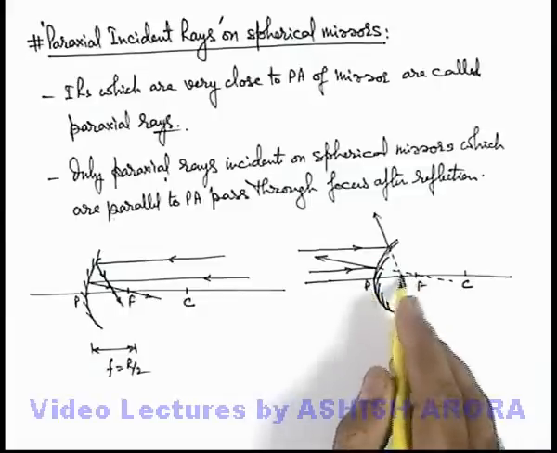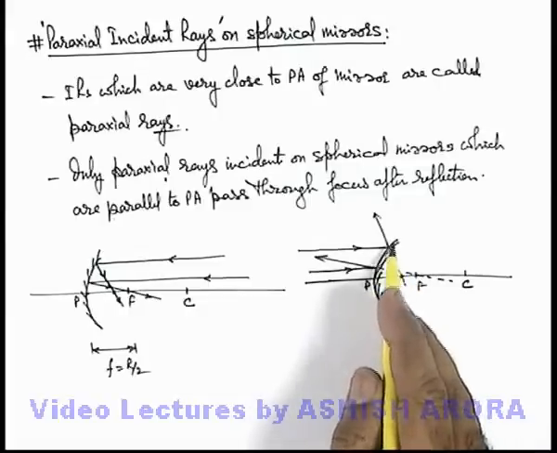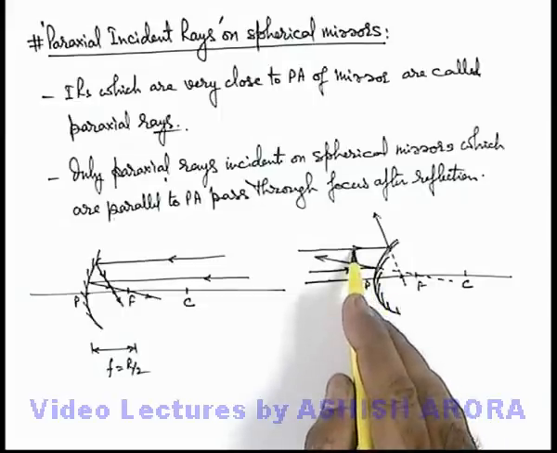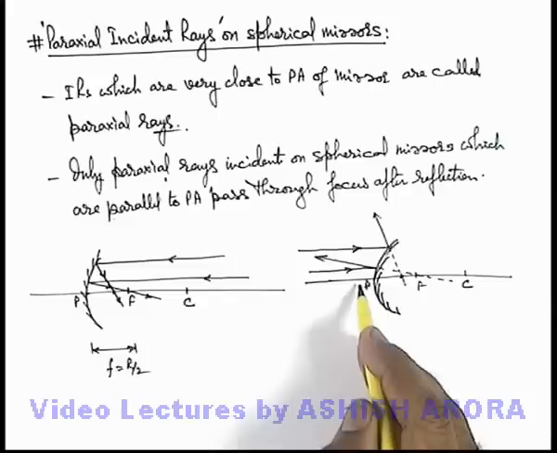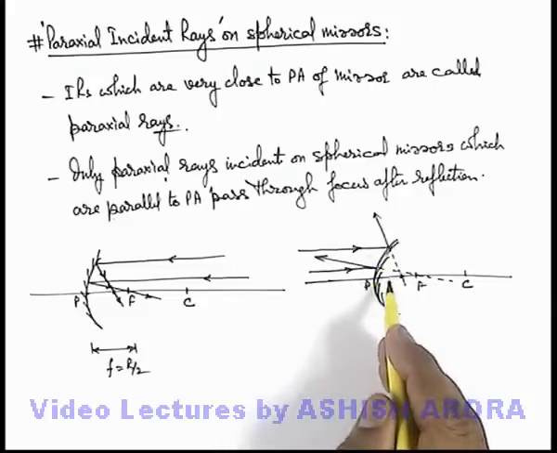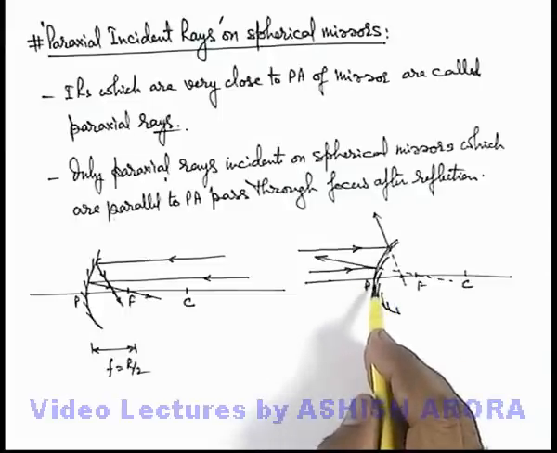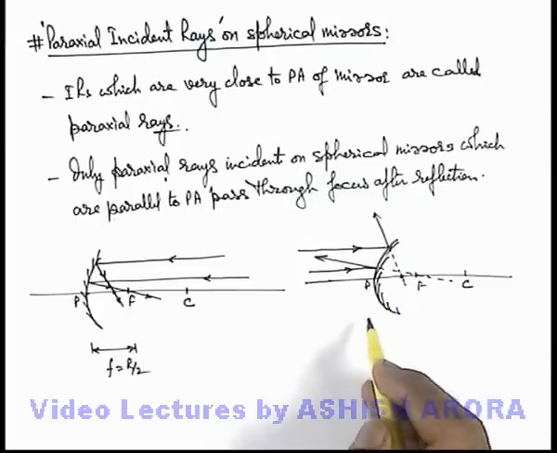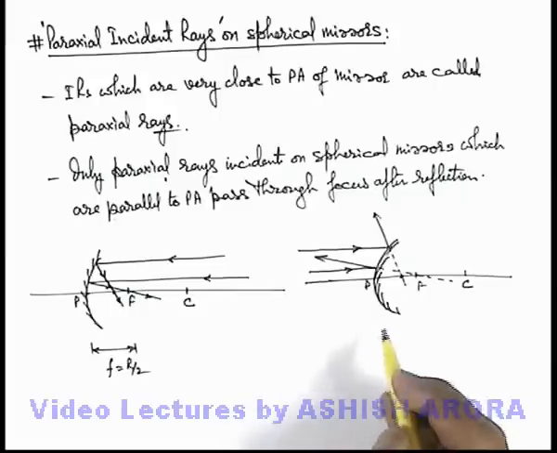And these are all geometrical defects in spherical mirrors for the light rays which are not close to the principal axis, which we are going to study in detail under the section of spherical aberrations at the end of the topic of reflection and refraction of light.